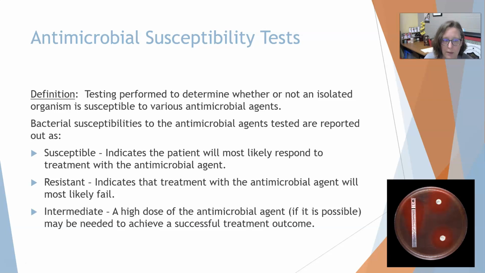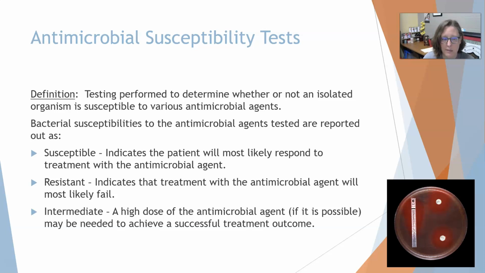They are reported as that bacteria being either susceptible, resistant, or intermediate for each of the antibiotics. So it will say penicillin maybe resistant, but methicillin sensitive or something like that. There's a whole long list of antibiotics, and it will tell you for each one of them, for that particular bacteria, if it's susceptible, resistant, or intermediate.